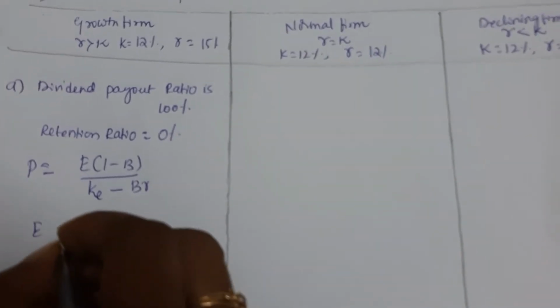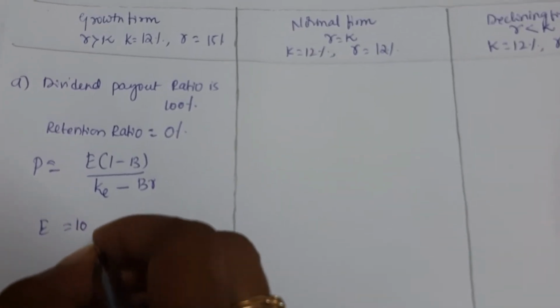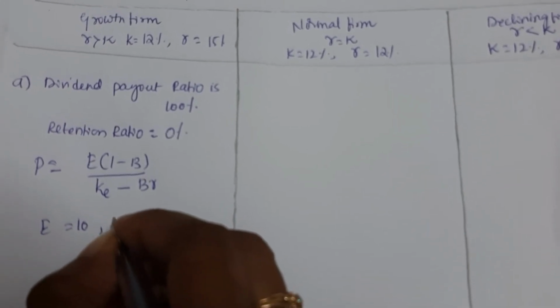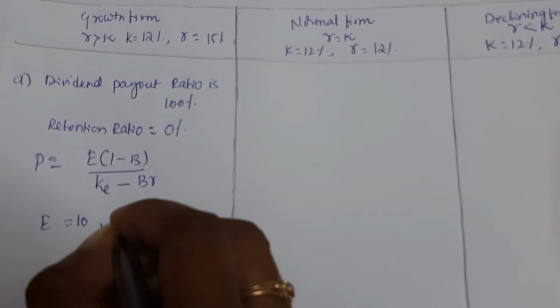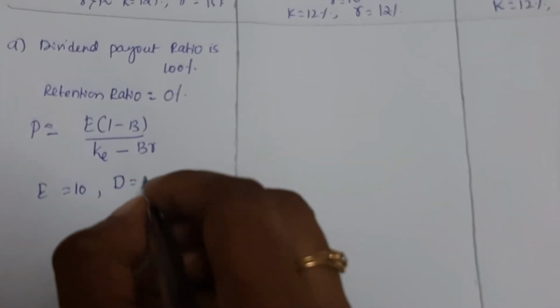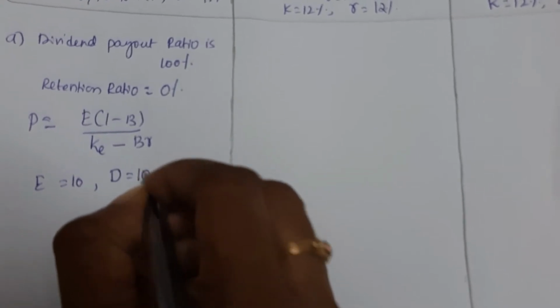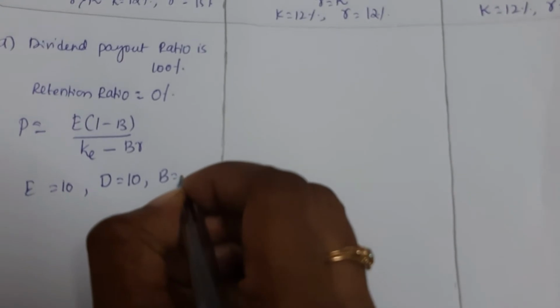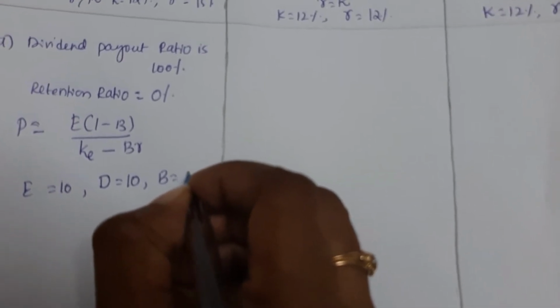E here is earnings per share, which is given as ₹10. With 100% dividend payout, all earnings will be paid in the form of dividend, so dividend will become 10, and B, the retention ratio, is 0.